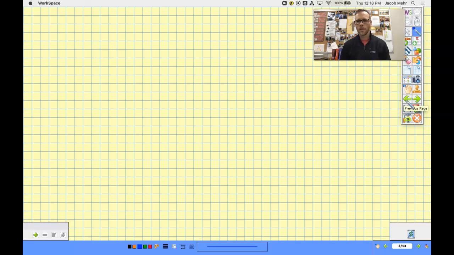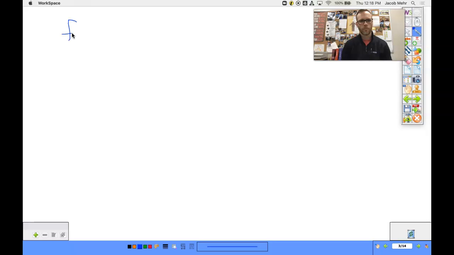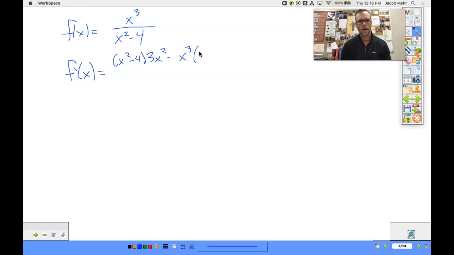So our function is x cubed over x squared minus 4. We need to differentiate that. Bottom, d top minus top, d bottom, over bottom squared.